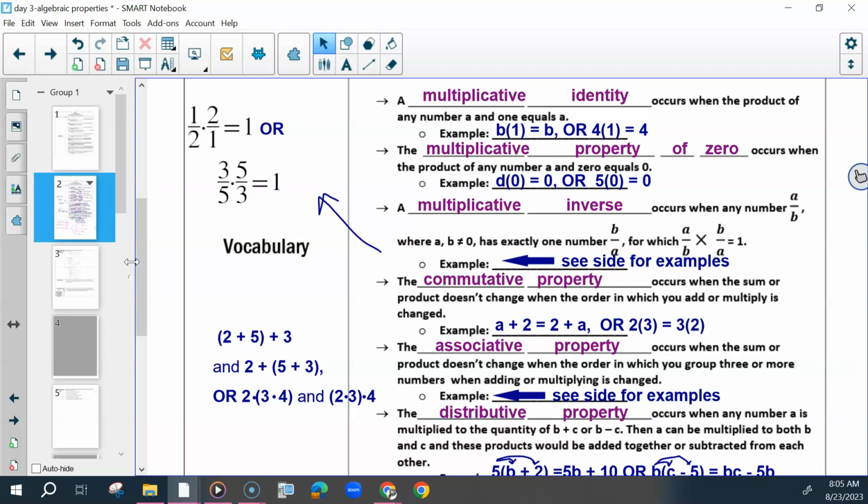In parentheses, we have 2 plus 5, outside plus 3, and 2 plus, on the inside, 5 plus 3.